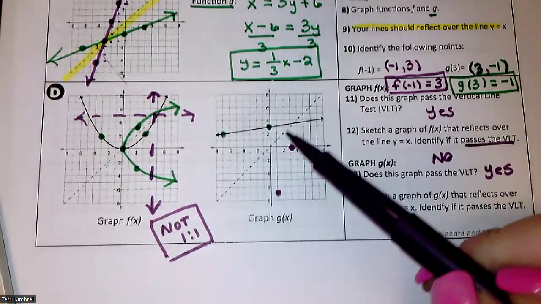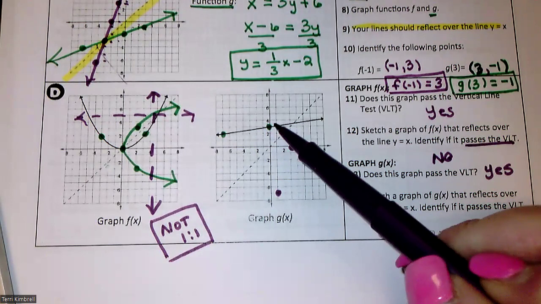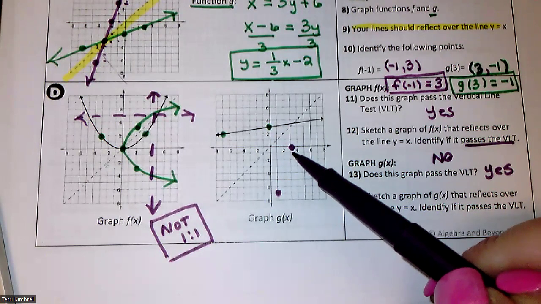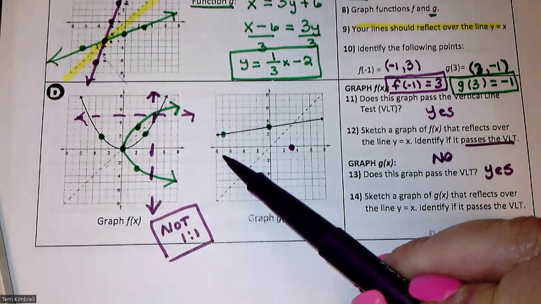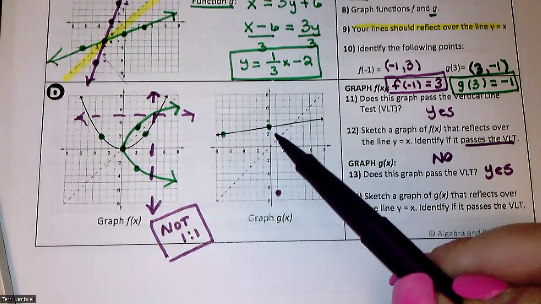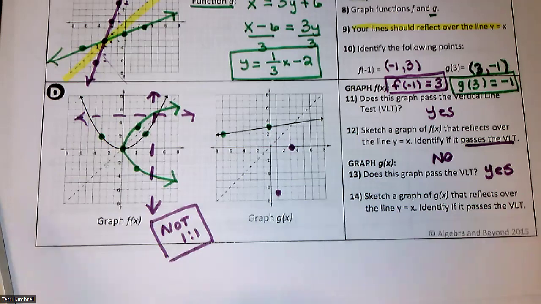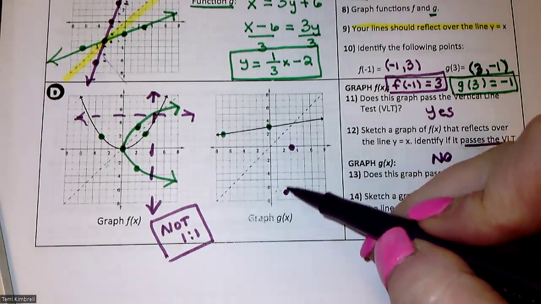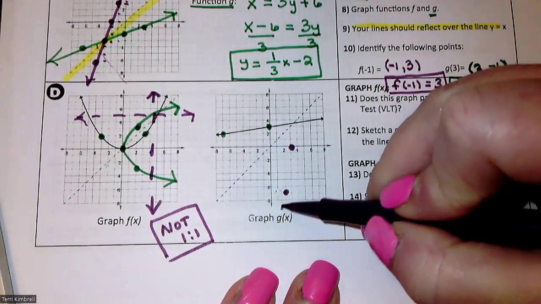So what I did was I found kind of 2 points. So I had 0, 3, it flipped to 3, 0. And then I had -7, 2. Yes, -7, 2. And so it flipped to 2, -7.